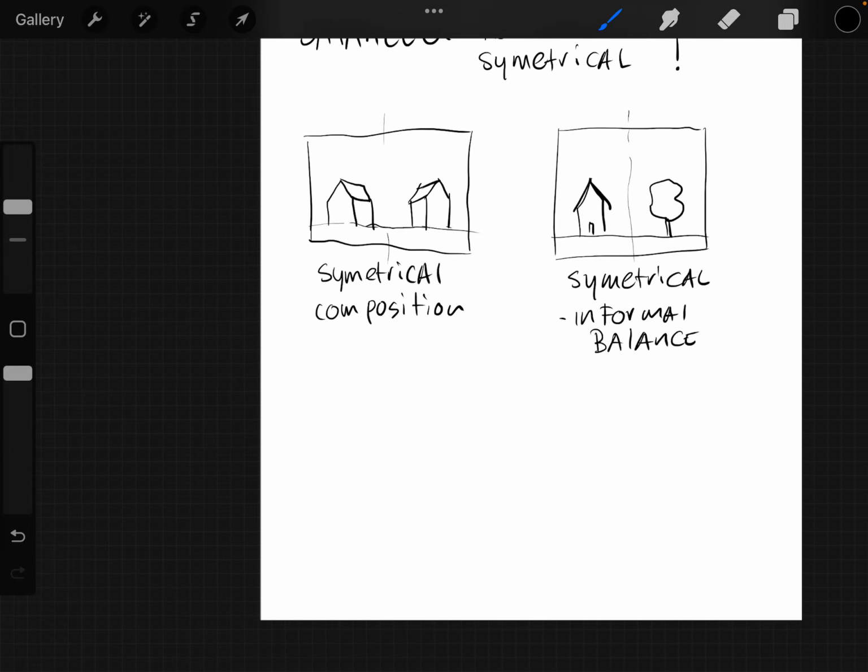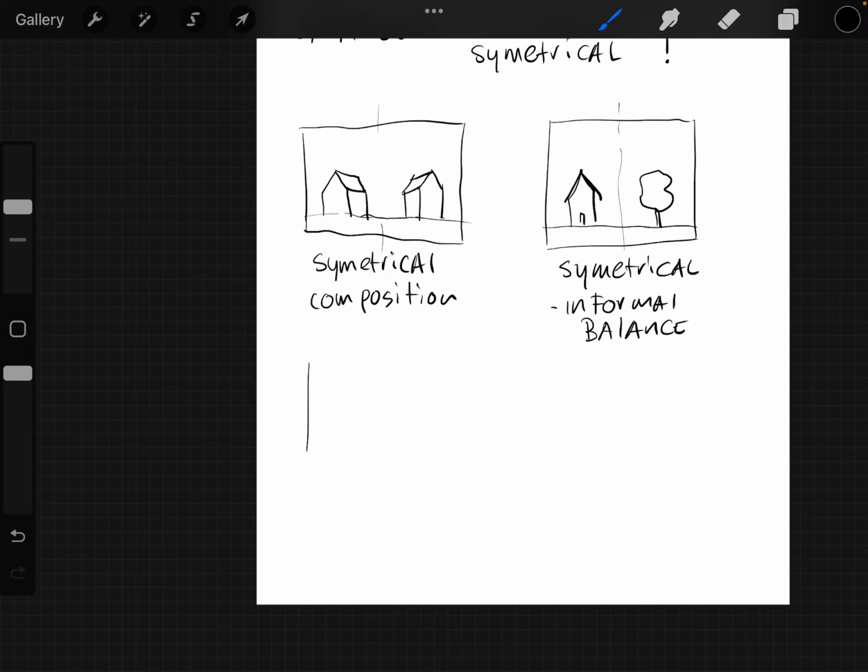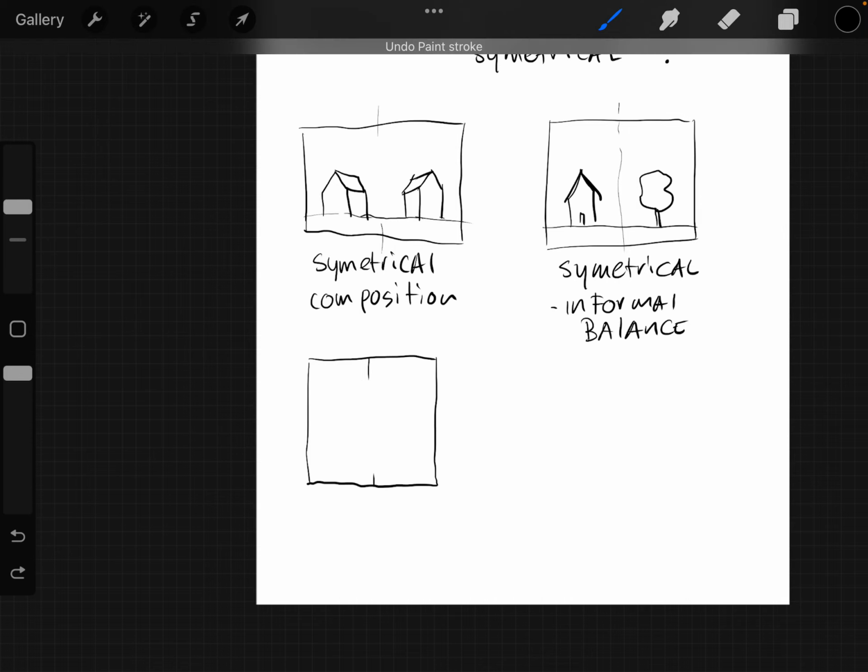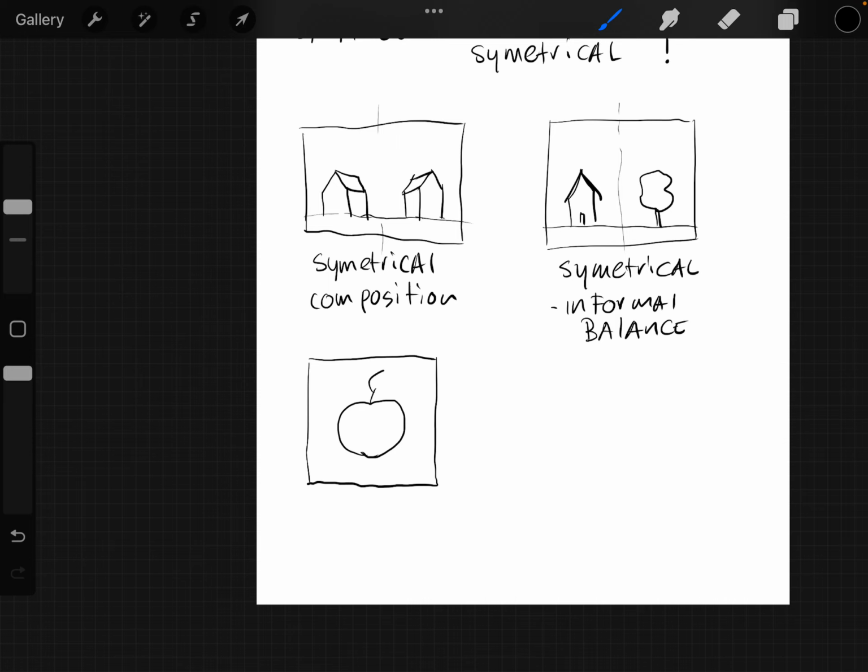Keep that in mind. Okay, now another one that is going to be balanced is going to be this one. It's called a central composition. So a central composition is in the center. That's very important. So if I draw, for example, an apple here, like this maybe, look, this apple is in the center.